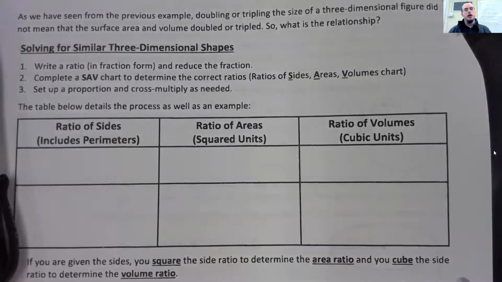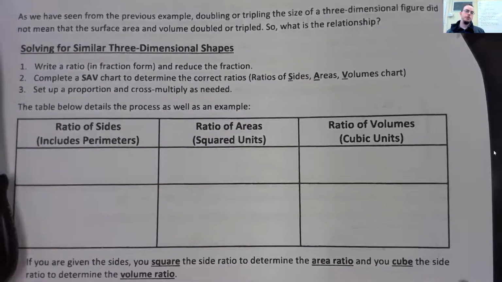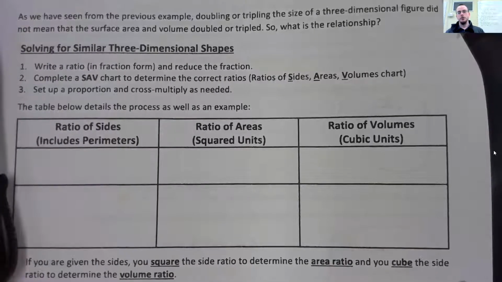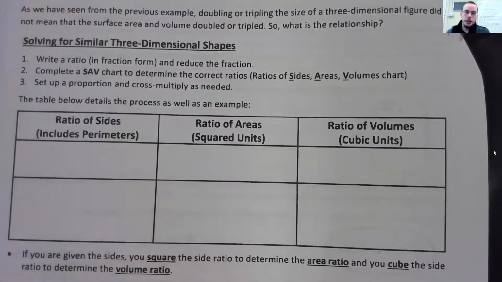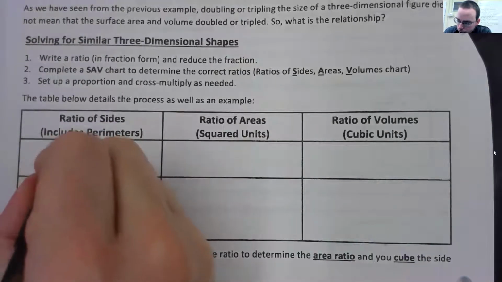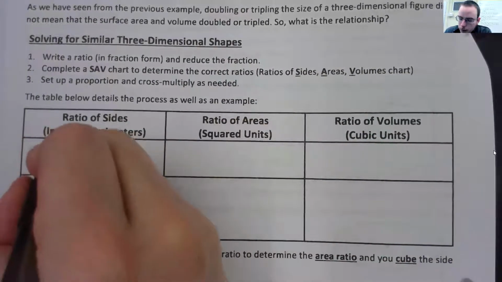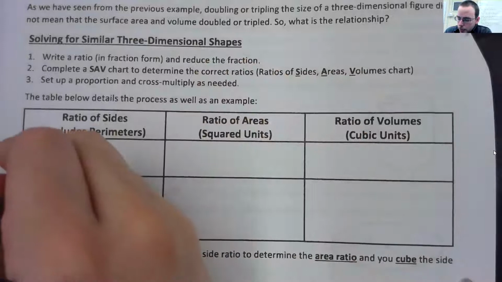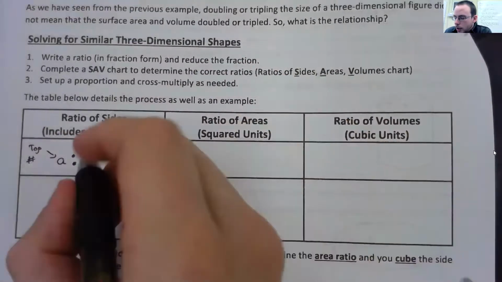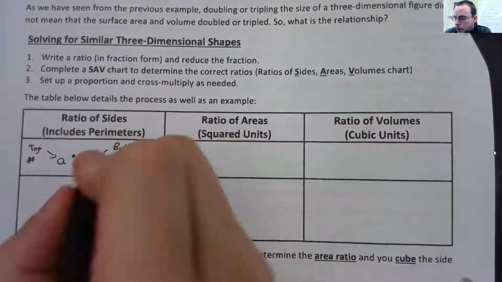All right, so first thing when we're solving for things for similar three-dimensional shapes, we always have to figure out our ratios for our sides or areas or volumes. The most important one is the ratio of the sides. So the ratio of the sides is always given to you by the ratio A to B. And like we said before, the first number is the top number of the fraction, the numerator, and B is the bottom number, which is the denominator.